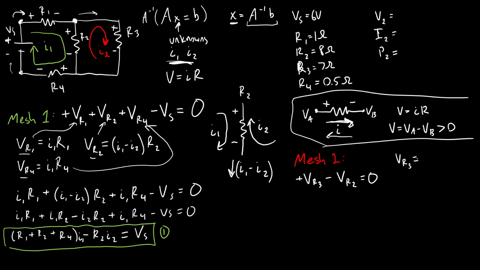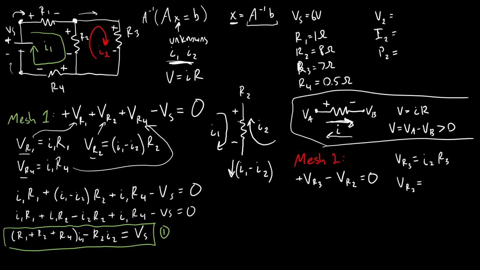For R3, R3 is only a part of mesh 2, and I2 is defined in the positive direction for R3, so that is going to be I2 R3, and VR2 is the same thing I had before. Again, don't get confused that I have this minus sign here. You don't want to double negative and add too many minus signs.